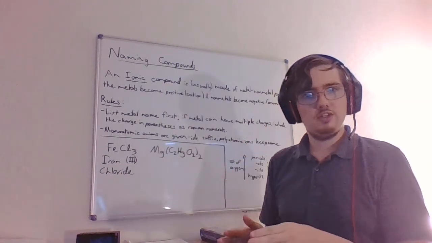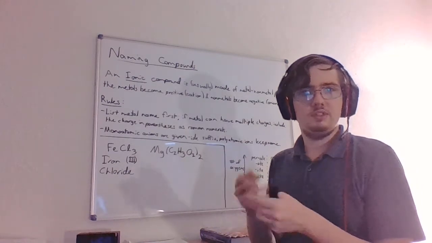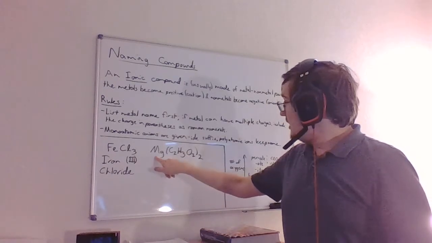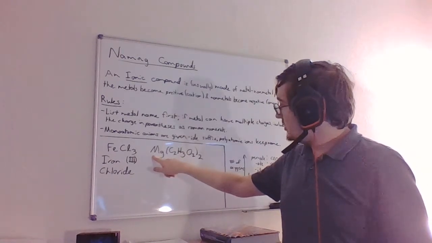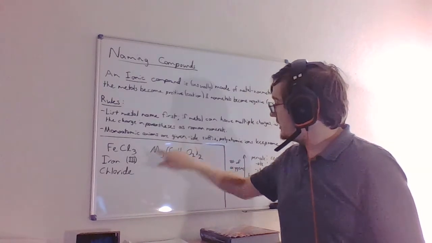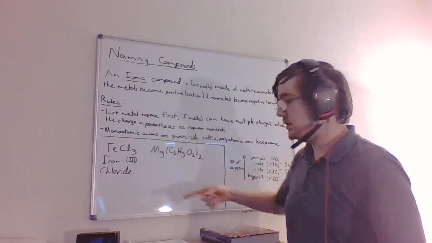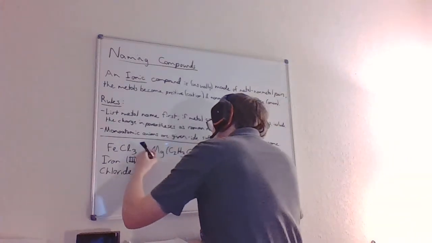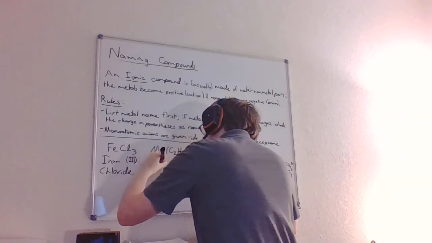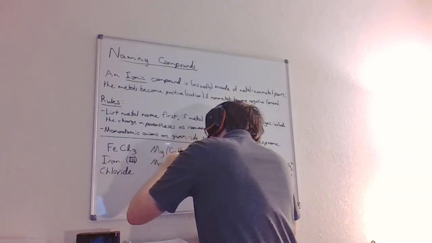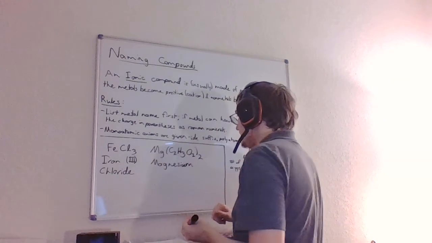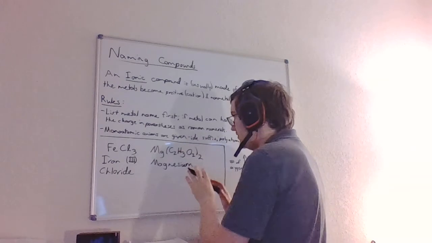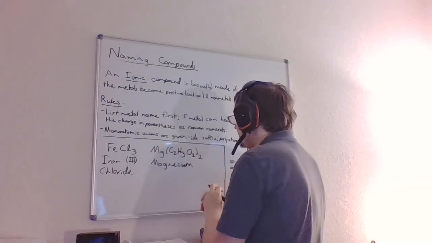It's not a transition metal, it's an alkaline earth metal, which is just a fancy way of saying it's in the second column of the periodic table, meaning that it has a positive 2 charge, always. So we don't need to write down its charge when we write down its name. We just write down magnesium. So if it has a set charge that won't change, then you don't need the charge in parentheses.